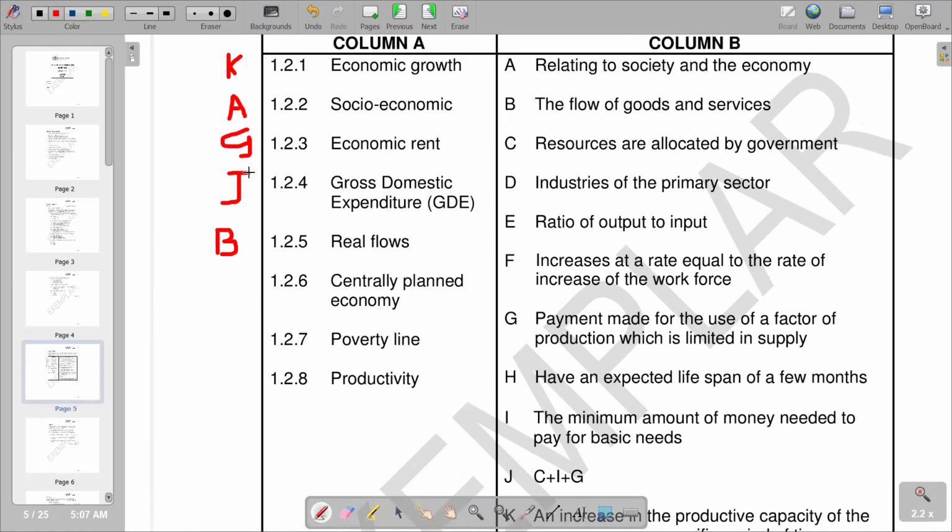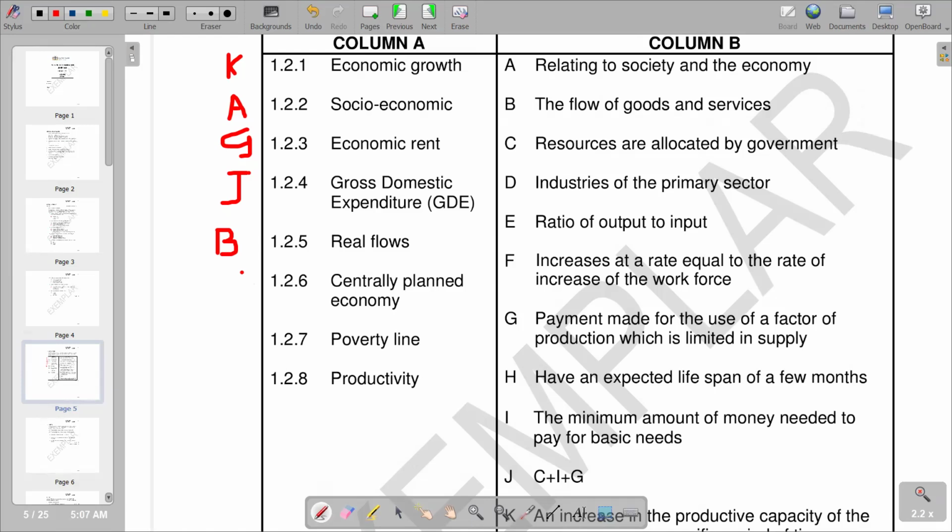Moving on to 1.2.6, centrally planned economy. We have discussed earlier that in a centrally planned economy decision making is centralized and the government is the key player. Resources are allocated by the government, so that matches a centrally planned economy.